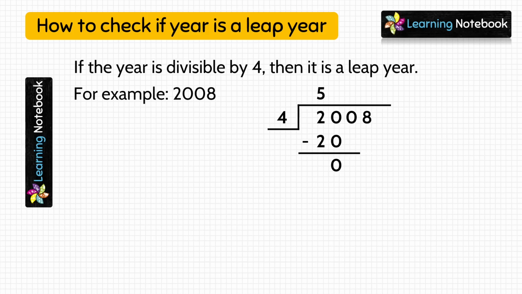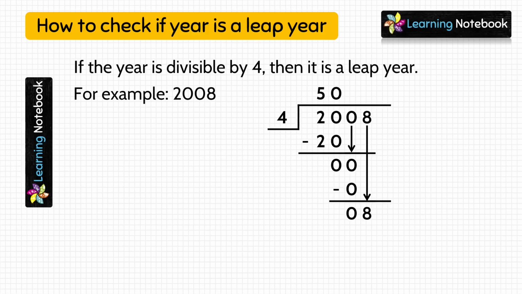Now let's continue with our division. Now copy next digit 0. So we will do 4 into 0 equals 0 and 0 minus 0 equals 0. Now copy last digit 8.